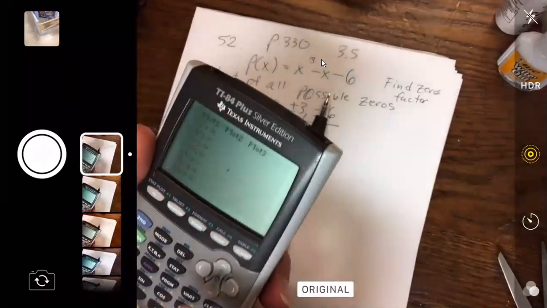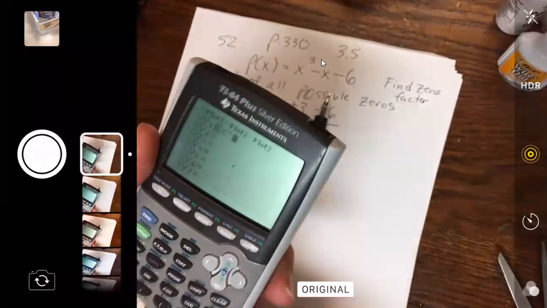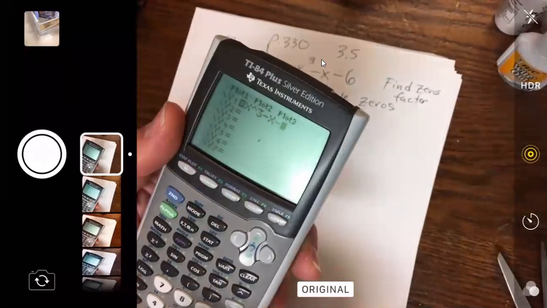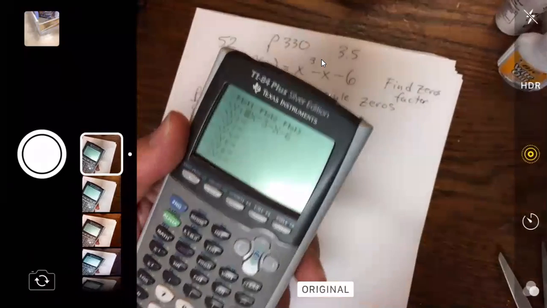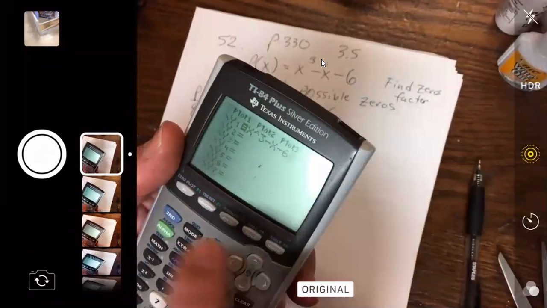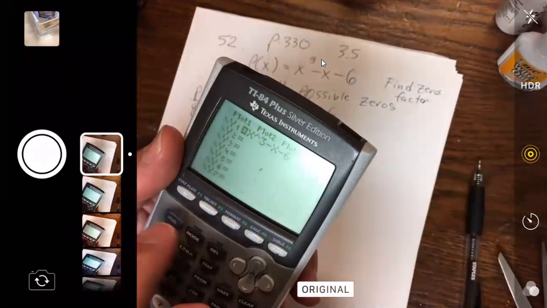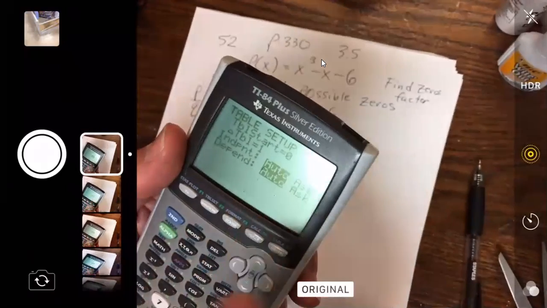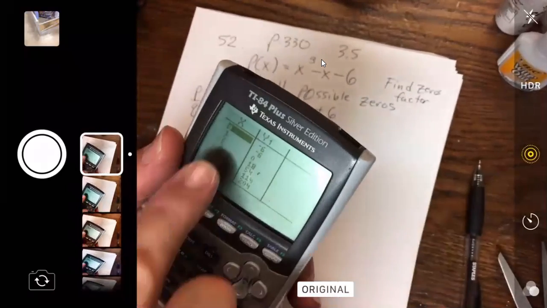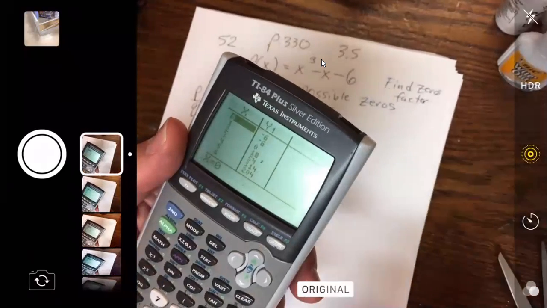Okay, so punch in the formula, x to the third minus x minus 6. And you don't have to punch in these possible zeros. The calculator automatically handles integers. Just make sure I'm in automatic. So table set, I'm in auto mode. So I'm going to go to table. Ah, sure enough, 2 is a 0.